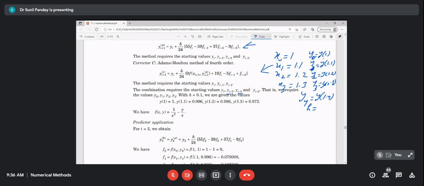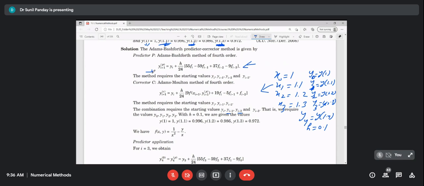Obviously you can see here h is 0.1, the common difference between the xi's. In the predictor formula, if I substitute i equal to 3, I will get y4.